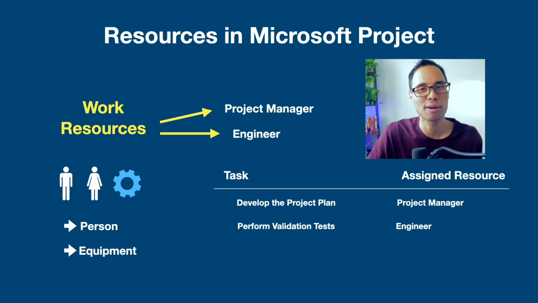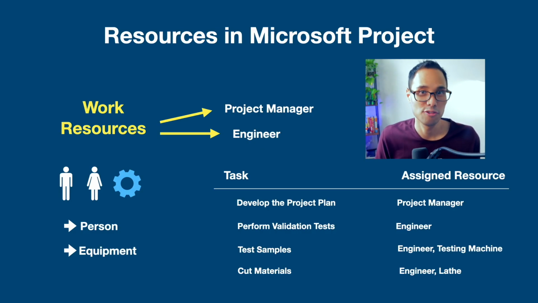Both of these people are team members and they would be assigned as work resources to the different tasks in your project, like developing the project plan or performing validation studies and tests. If you had equipment like a testing machine, a saw, or a lathe, for example, then this equipment would be assigned to the specific tasks that they're being used on, like testing samples or cutting and preparing materials.